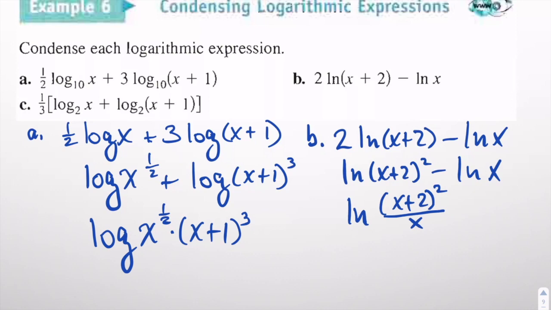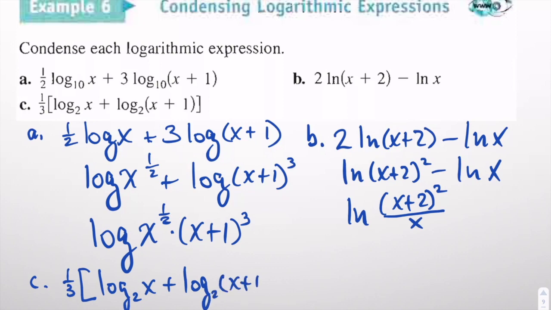For C, it says 1/3 of the entire quantity of log base 2 of x plus log base 2 of x plus 1, like that. Well, we can drop that outer parentheses by distributing that 1/3. And so if we do that, I can say 1/3 of log base 2 of x plus 1/3 log base 2 of x plus 1.